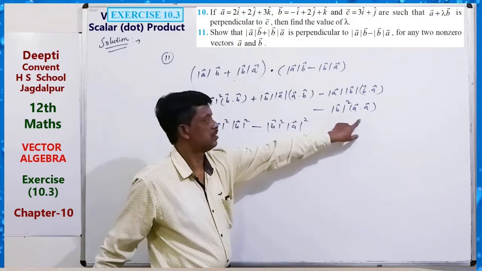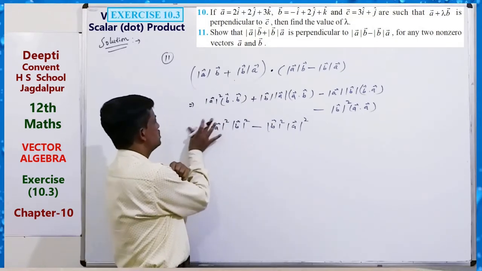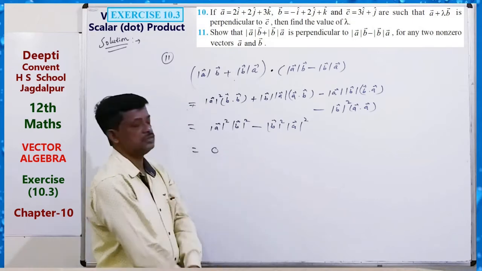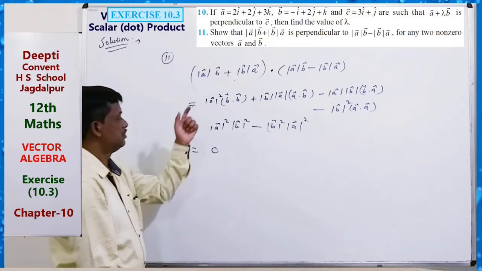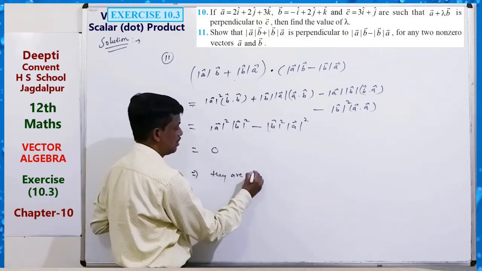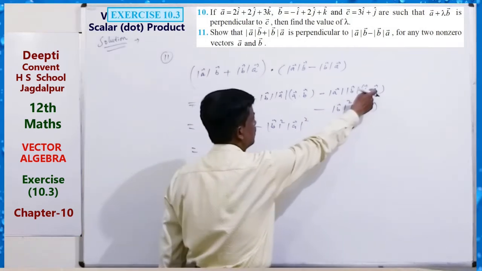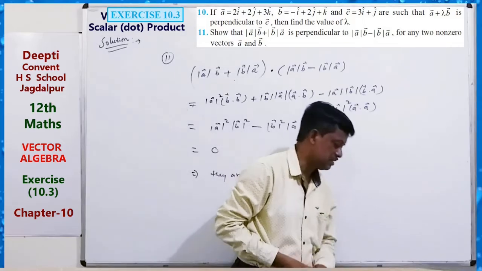Both are the same. So this is equal to 0. Clear? So this implies they are perpendicular. Here A dot B and B dot A are equal, so this will be cancelled.